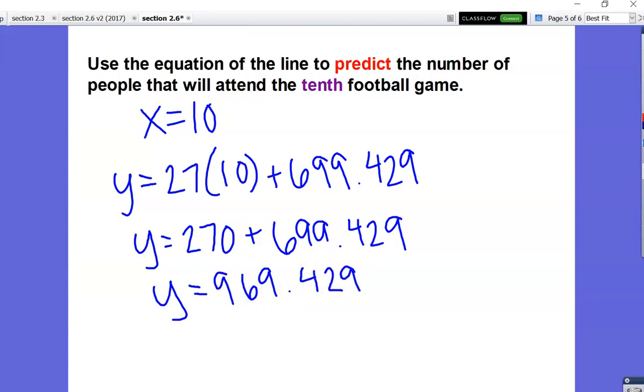We should get a value of 969.429. Because we're talking about people, you can round that to the nearest integer. So we could say about 969 people.